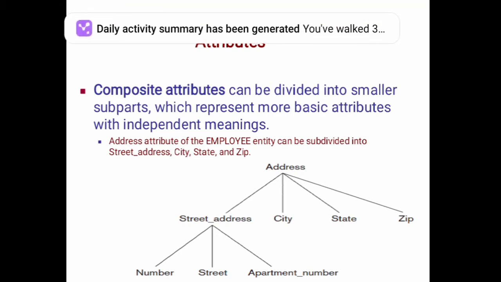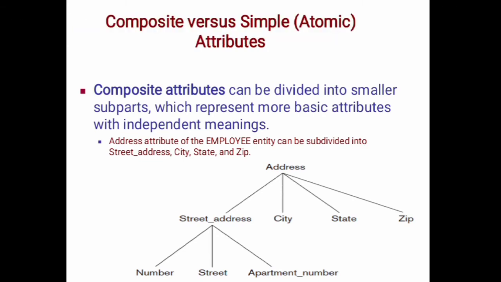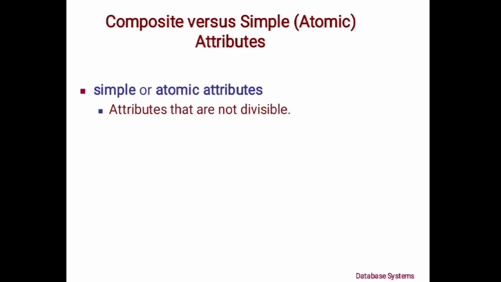That is, an attribute divided into sub-attributes is called a composite attribute. For example, here address may be street address, city, state, and so on. These are called composite attributes, whereas an atomic attribute is a single attribute which is not divided into sub-attributes.